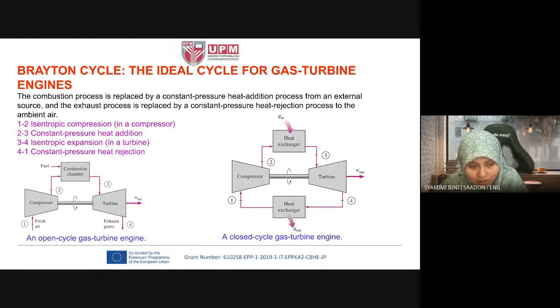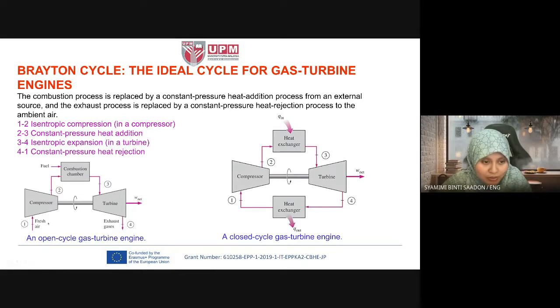It is open because after the working fluid exits the turbine, it exits through the nozzle to the ambient. So we don't have the heat rejection process using a heat exchanger. That is the different part, open cycle. The heat exiting the exhaust nozzle will be rejected to the ambient.